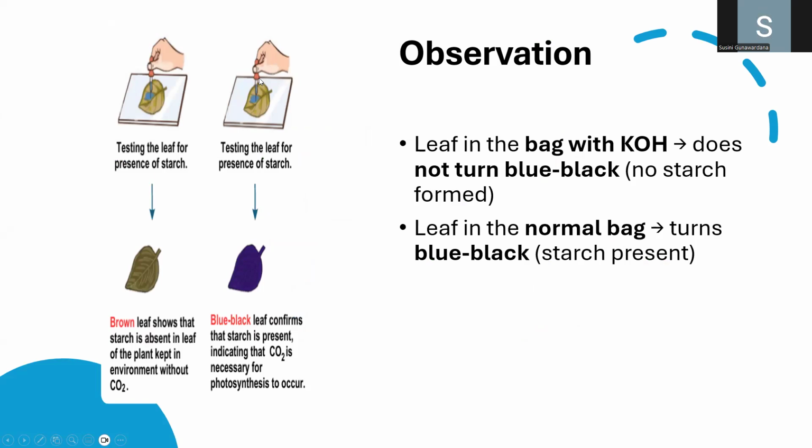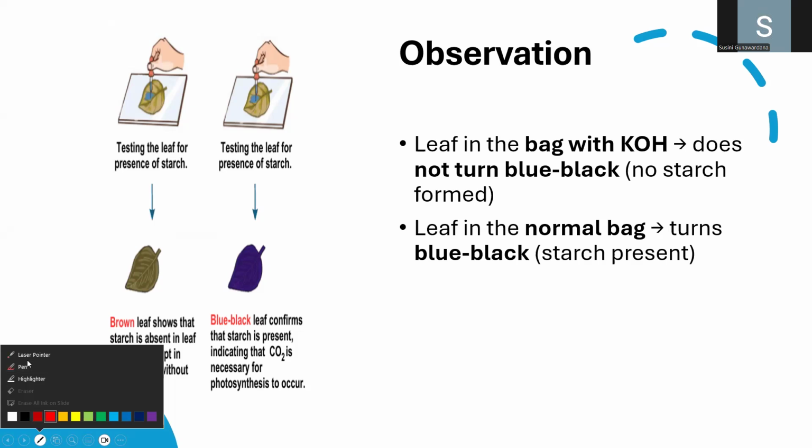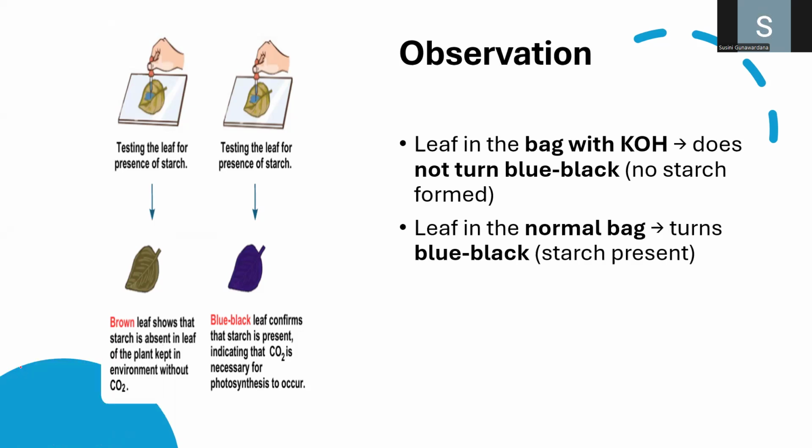So here, suppose we take this leaf. This leaf is from the first plant. It means it already has carbon dioxide.